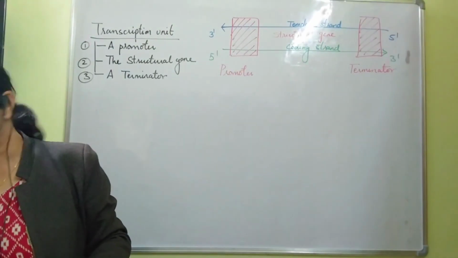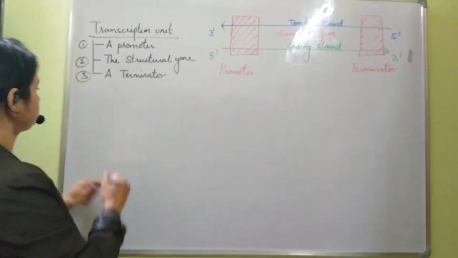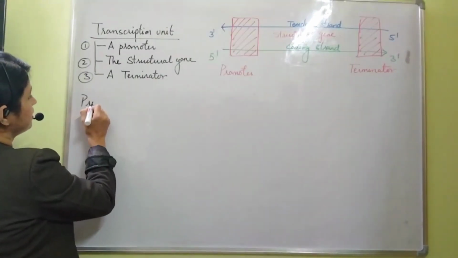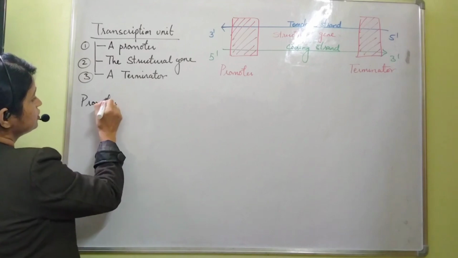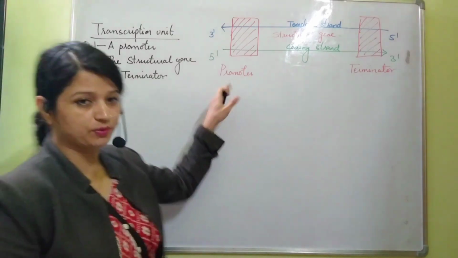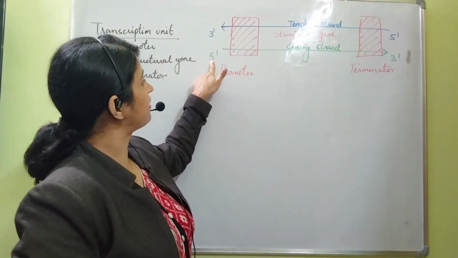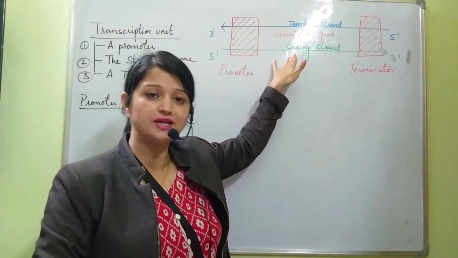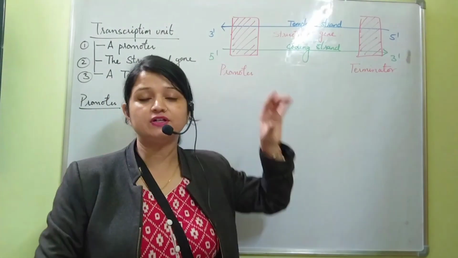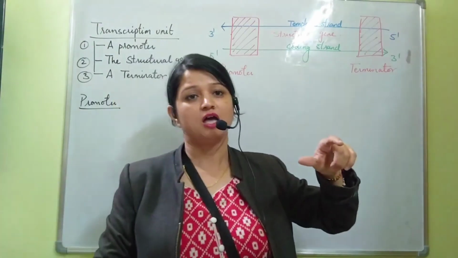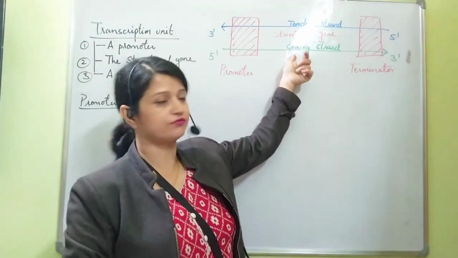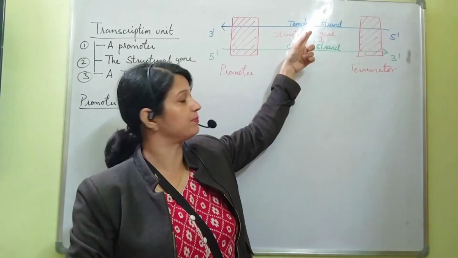First of all, the promoter. You should know the location of the promoter site. Promoter is present at the 5' end of the coding strand. Whenever you are talking about the location, you have to take the reference of the coding strand and not the template strand.